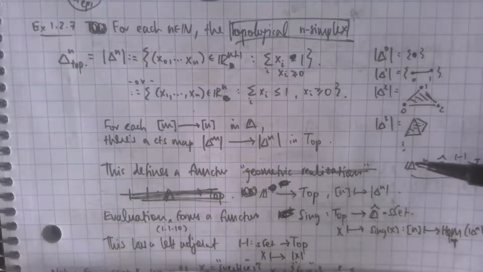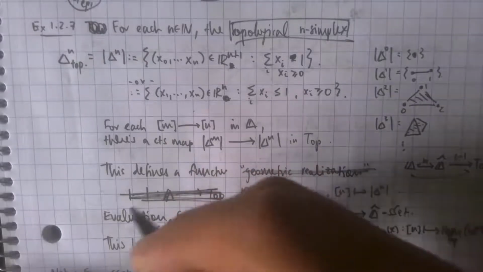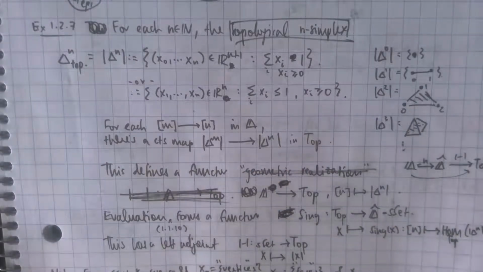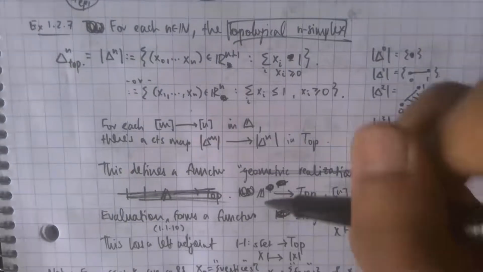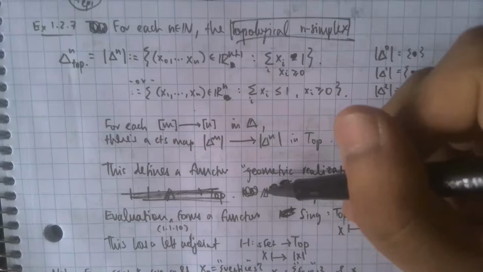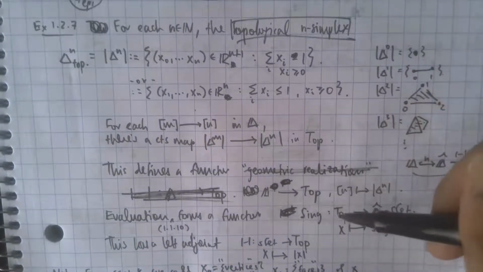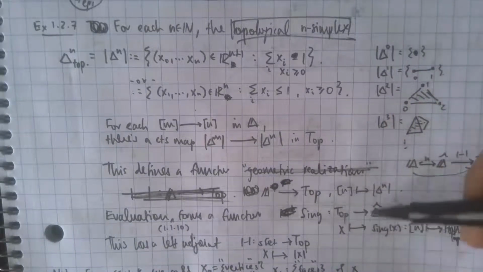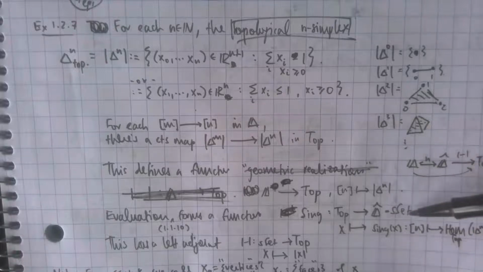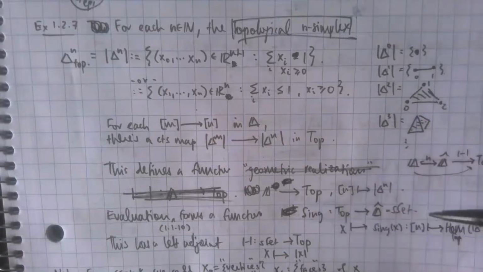Okay, and then evaluation, that's the thing from that earlier thing. So given such a functor from the simplex category into Top, we can evaluate it to get a functor from Top into the set of presheaves, which are simplicial sets, and we'll call that Sing.